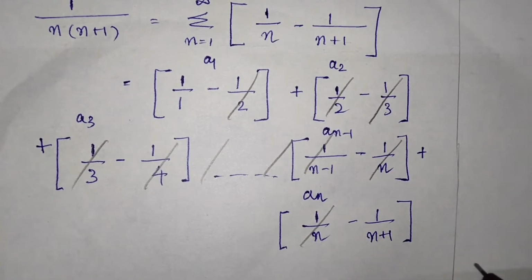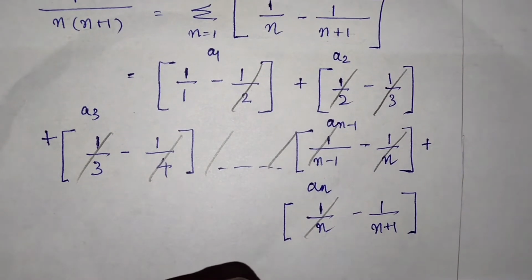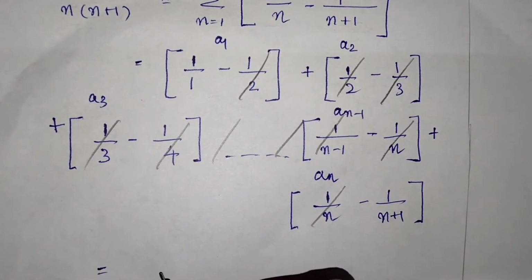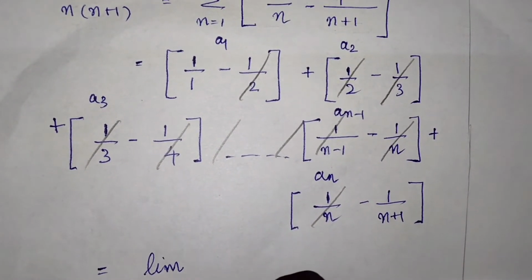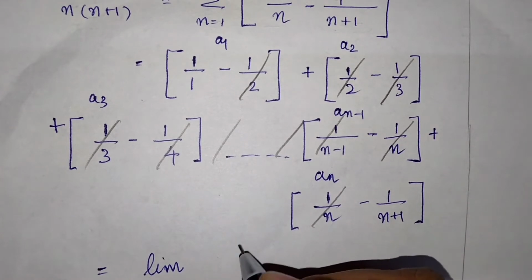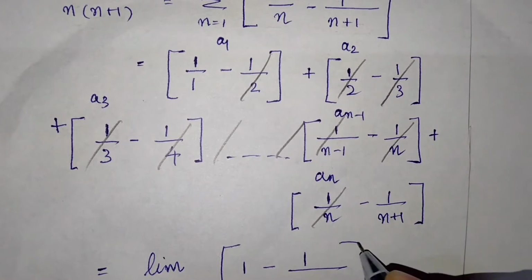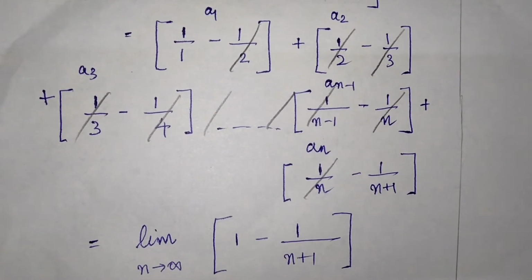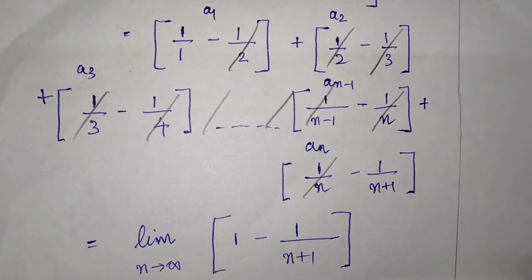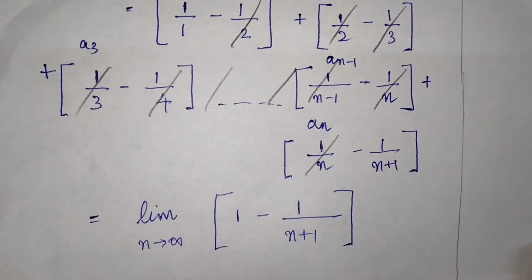So we can rewrite this equation as limit n tends to infinity of 1 minus 1 upon n plus 1. Okay? As I told you in the sequence, you have to put limit n equal to infinity to check whether you are getting a finite term or infinite term.